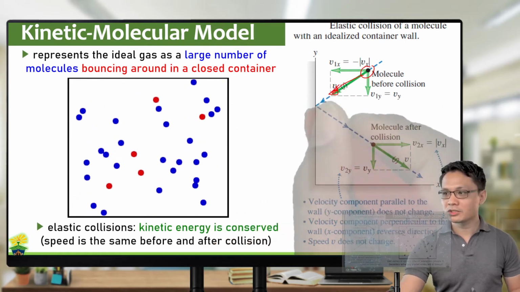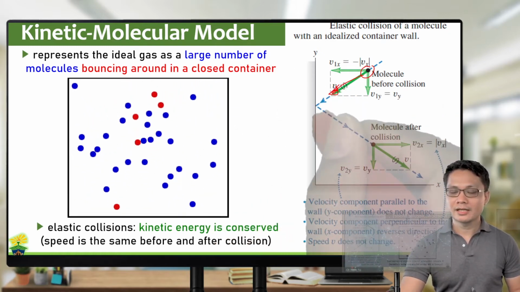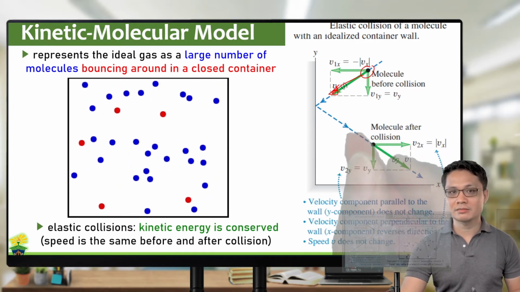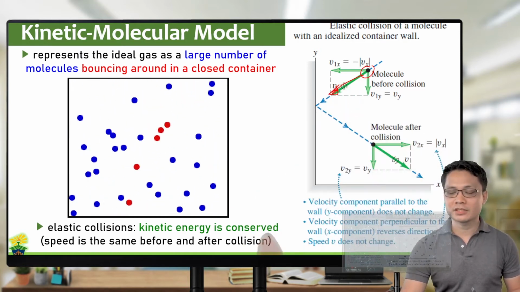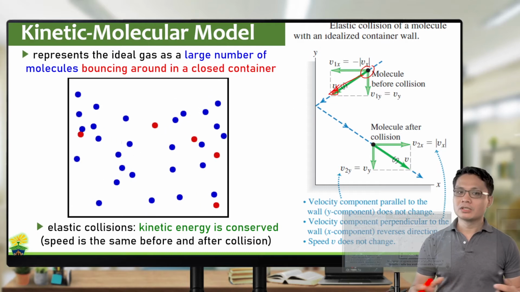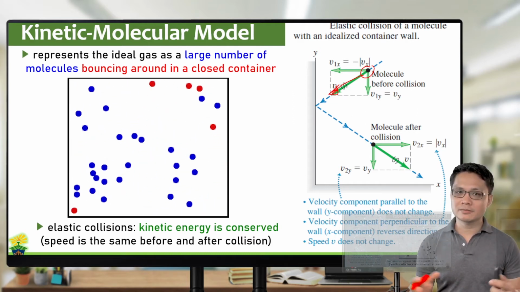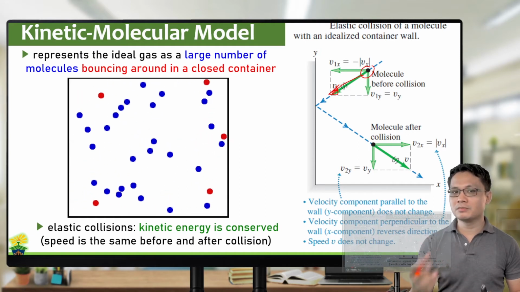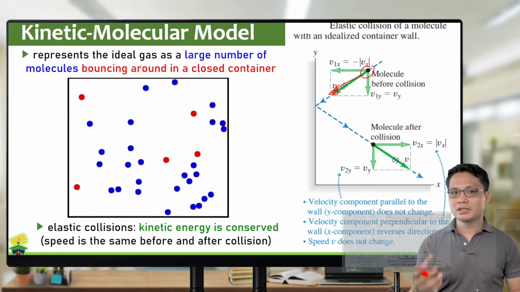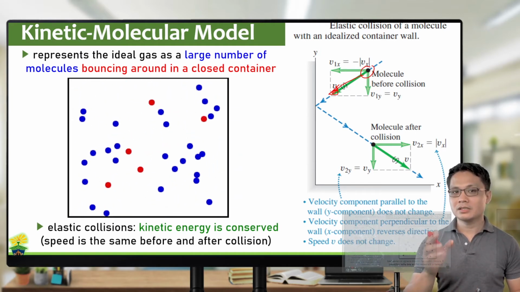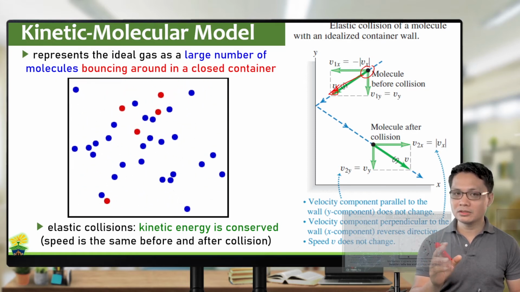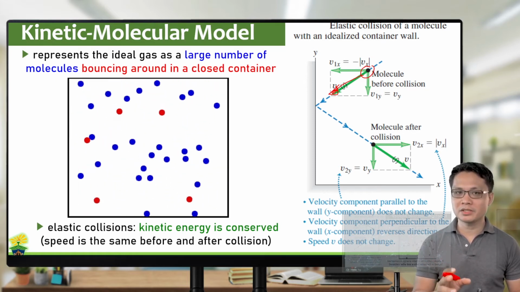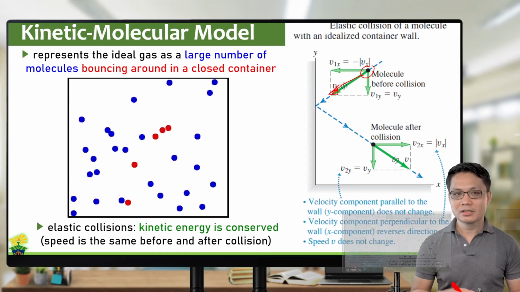However, the direction of the velocity along the x-axis would change as it bounces up from the wall after the collision. Now, again, under the assumptions of this kinetic molecular theory, the speed would be the same. It's just that the direction of the velocity might change after collision.